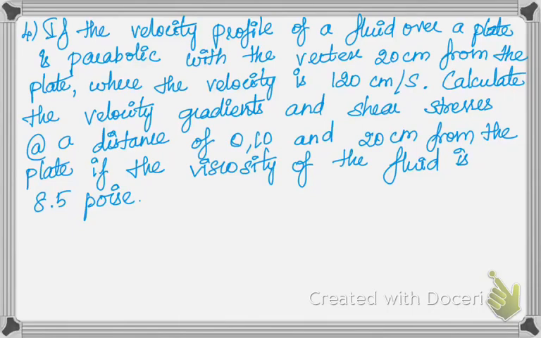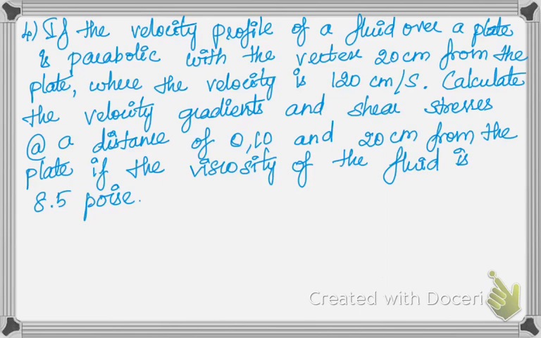The next problem is that if the velocity profile of a fluid over a plate is parabolic with the vertex 20 cm from the plate where the velocity is 120 cm per second, calculate the velocity gradients and shear stresses at a distance of 0, 10 and 20 cm from the plate if the viscosity of the fluid is 8.5 poise.